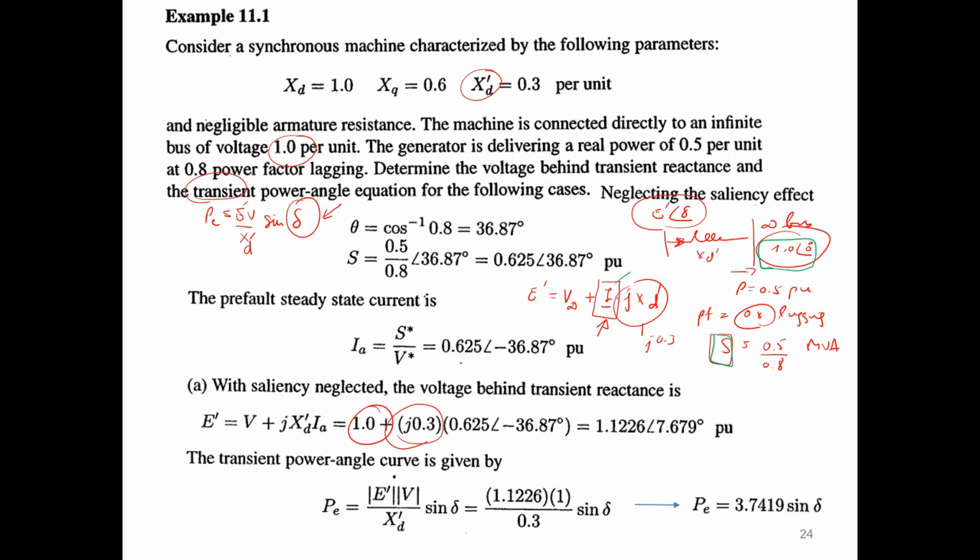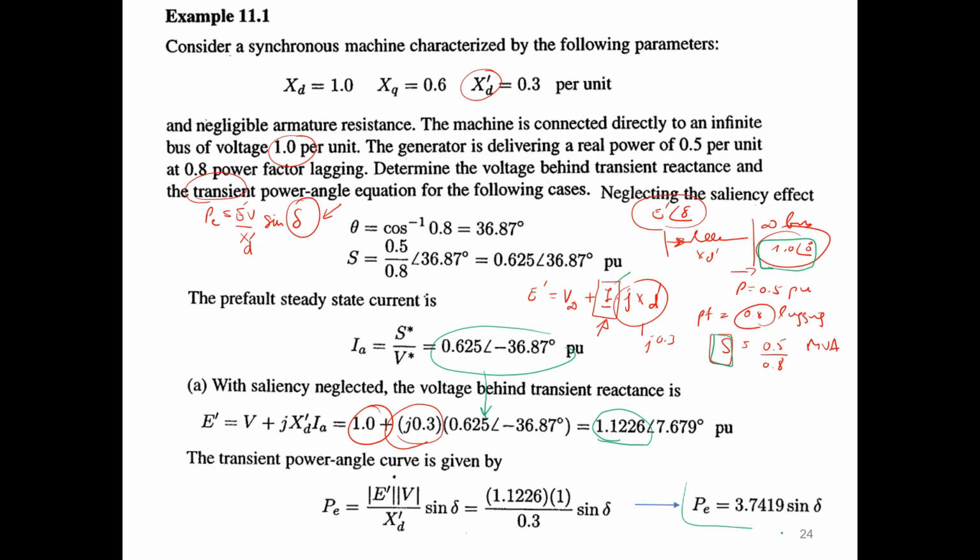You put this into the equation, you find E and the power angle. Therefore, you take the magnitude of E, which is 1.1226, times 1 divided by 0.3 sine delta.